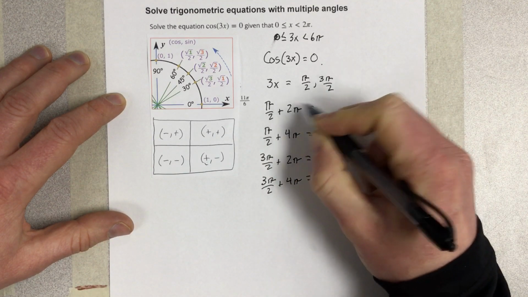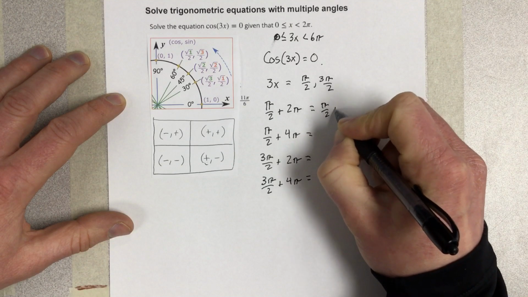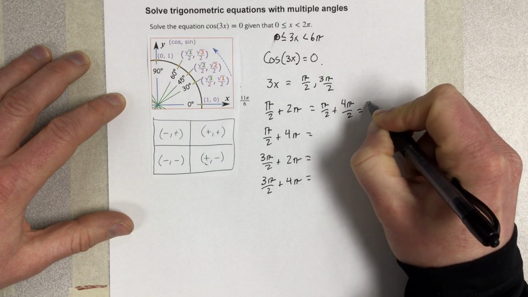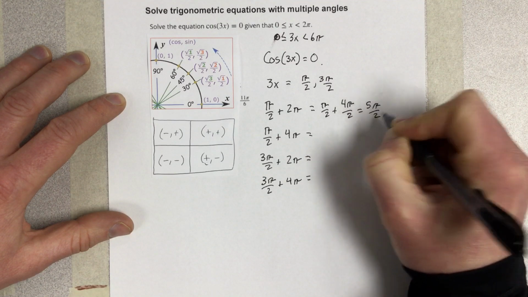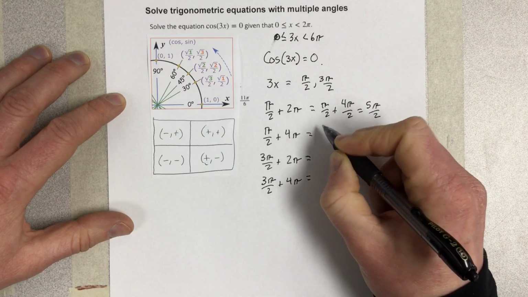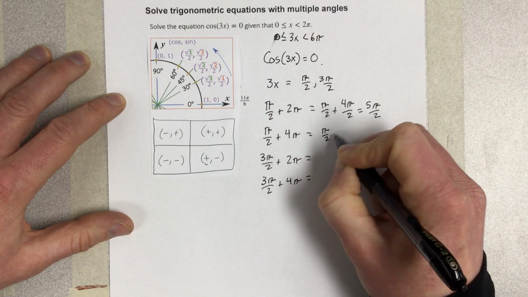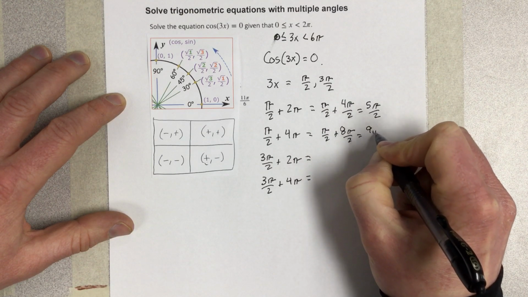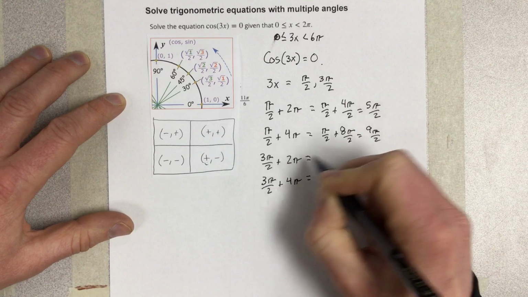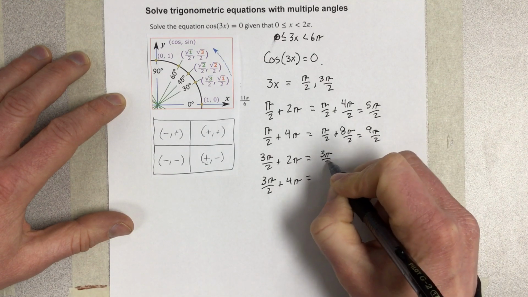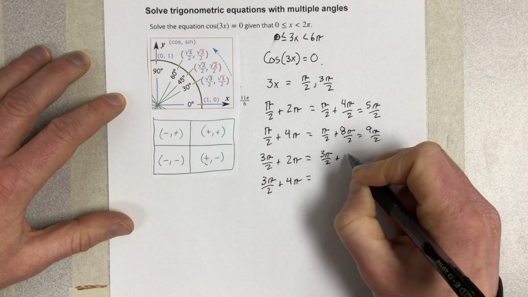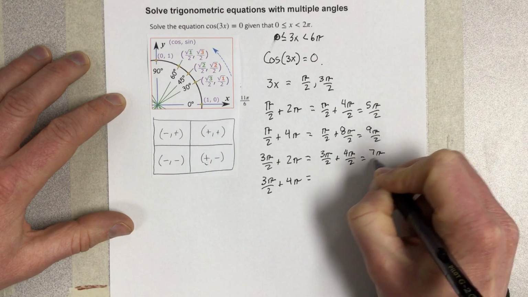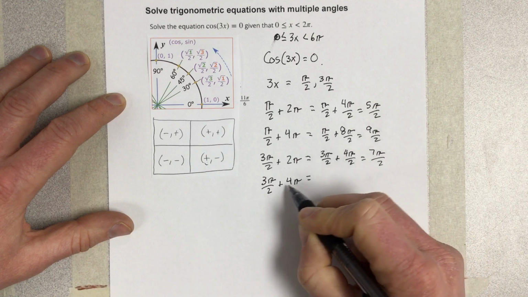If I add all of these, this would be pi over 2 plus 4 pi over 2, which is 5 pi over 2. And pi over 2 plus 4 pi is pi over 2 plus 8 pi over 2, which is 9 pi over 2. And then 3 pi over 2 plus 4 pi over 2 is 7 pi over 2. And then do the same thing here.